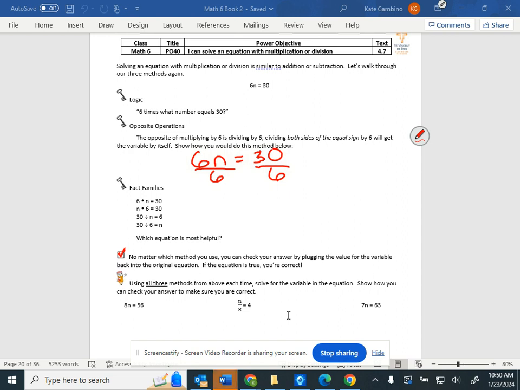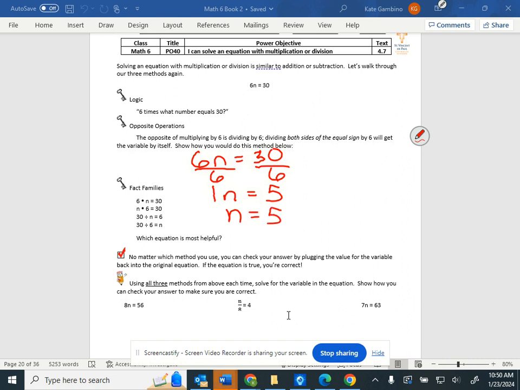6 divided by 6 is what? It is not 0. It is a 1. So technically it's 1n equals, what's 30 divided by 6? What is it? 5. Why do you think we can take the 1 away and we can just call this n equals 5?